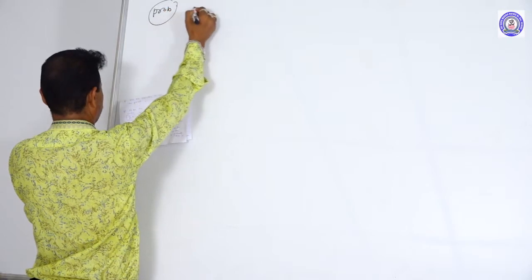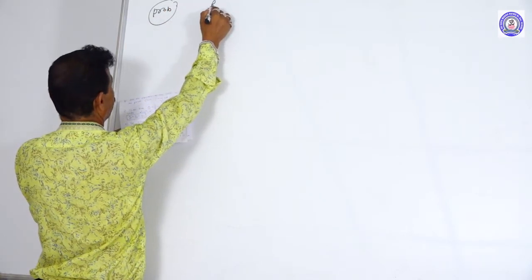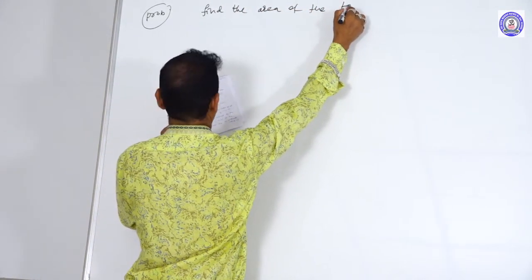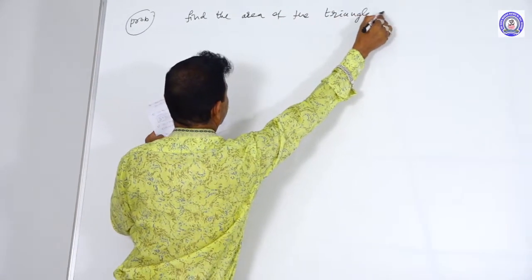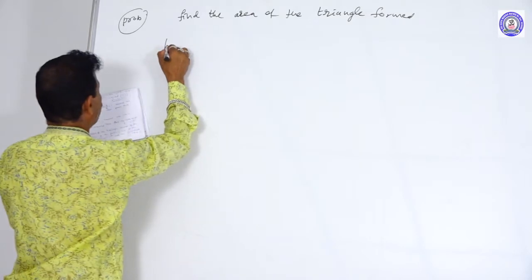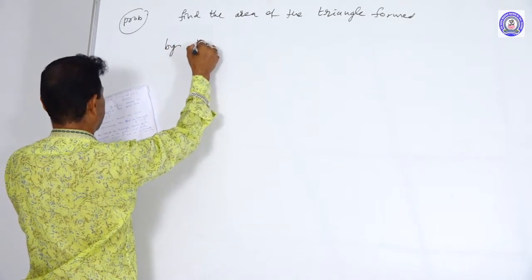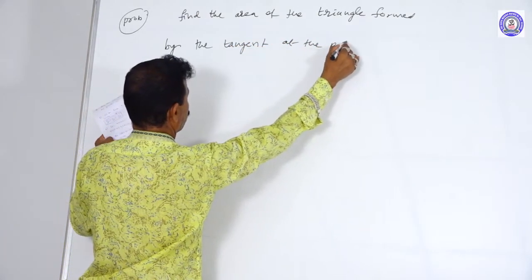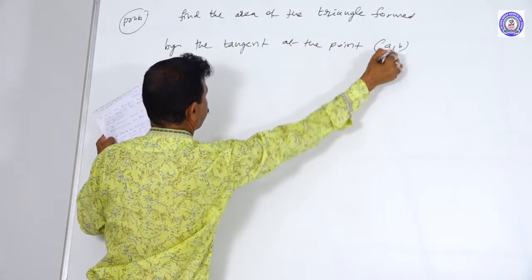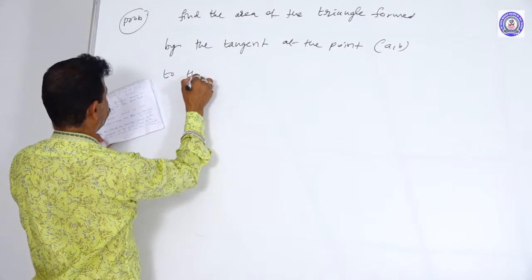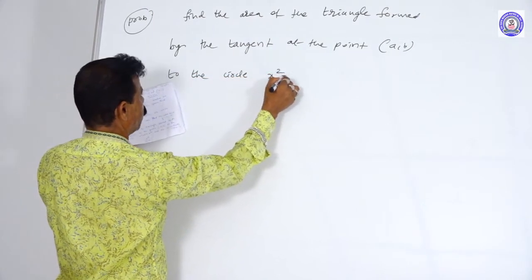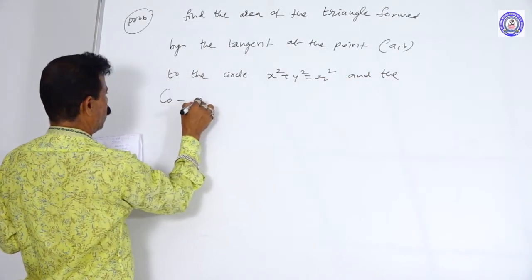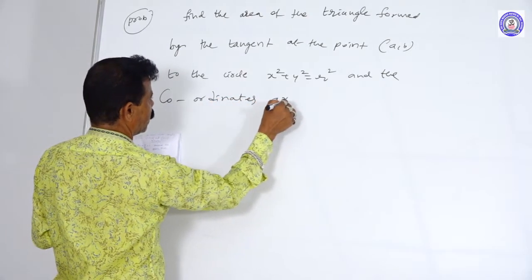Problem. Find the area of the triangle formed by the tangent at the point A comma B to the circle x square plus y square is equal to r square and the coordinate axes.